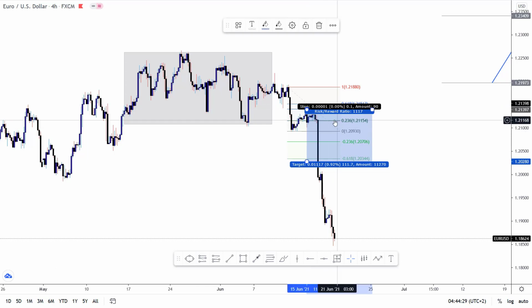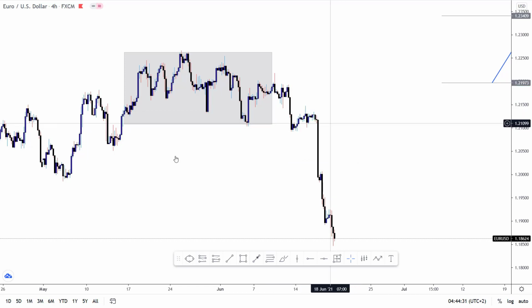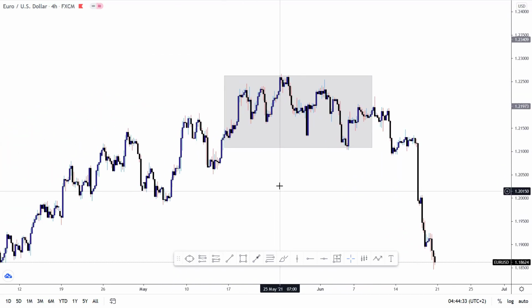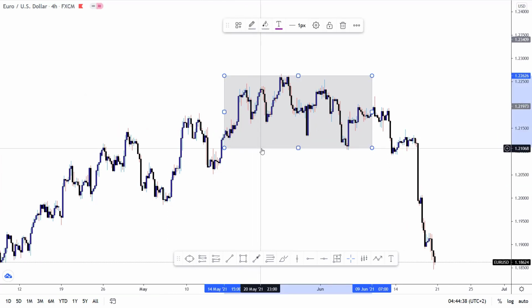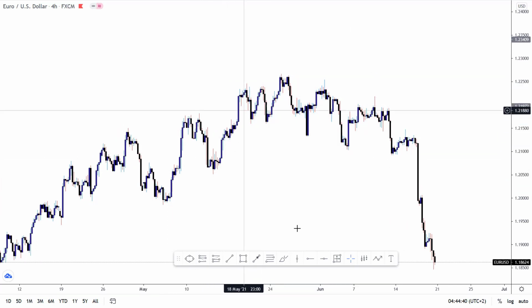Now, let's look at another scenario. Let's look for another impulsive move and see if we can take advantage of that. For argument's sake, let's just use this impulsive move right here and see what happens when we use our Fibonacci. From the bodies here, or let's just take it here, so that you guys see what I'm talking about.